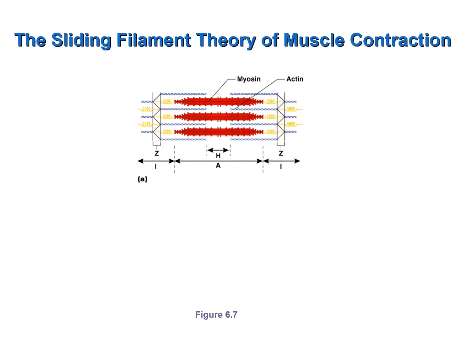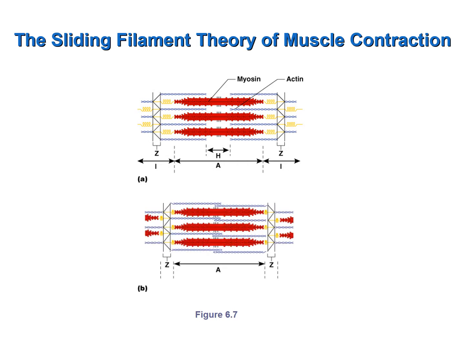In the previous screencast, you learned that contraction of a skeletal muscle is based on the shortening of a sarcomere. So here we have a sarcomere at rest. When the myosin heads of the thick filaments interact with the thin filaments and pull them inward, it causes the thin filaments to slide inward and you have contraction of the sarcomere.